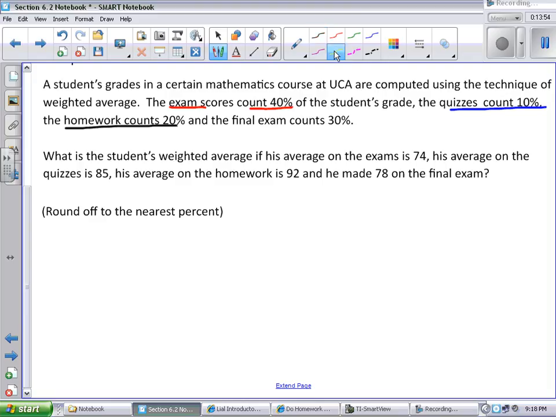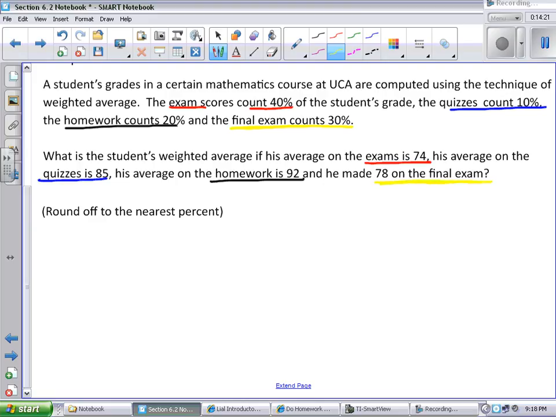And the final exam counts 30% of the course grade. What is the student's weighted average if his average on the exams is 74, his average on the quizzes is 85, the average on the homework is 92, and he made a 78 on the final exam?